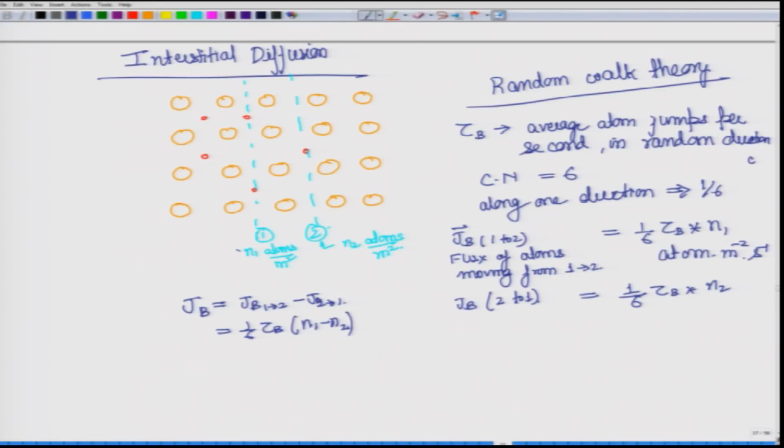Now, if we assume that the separation between the planes is equal to alpha, then it can be easily shown that Cb1, that is concentration of atoms at 1, is equal to n1 by alpha. This will be in per meter cube, and Cb2, concentration of atoms at plane 2, is equal to n2 by alpha.